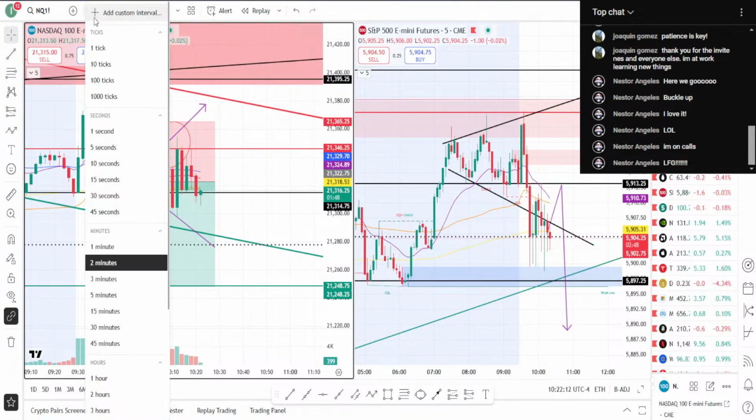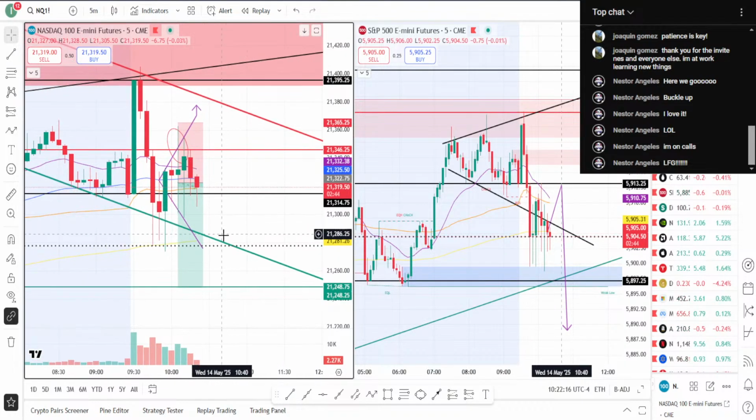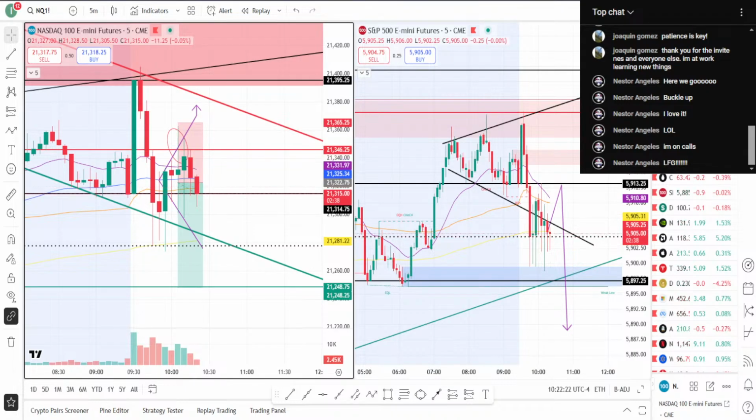Let's take a look at the 5-minute time frame, how it looks. So this actually looks very, very choppy in the 5-minute.